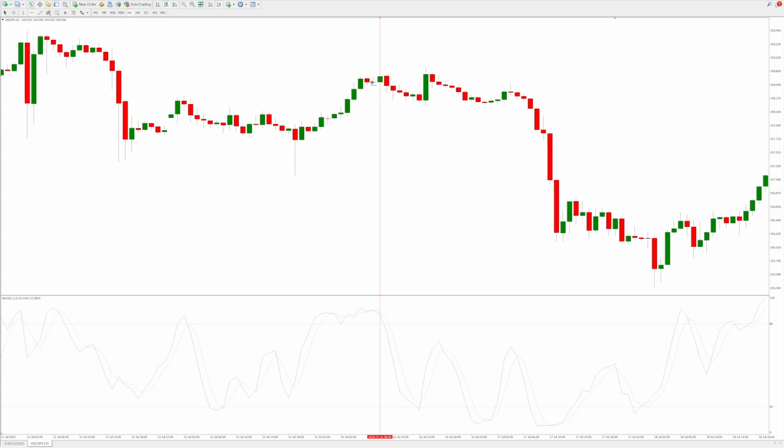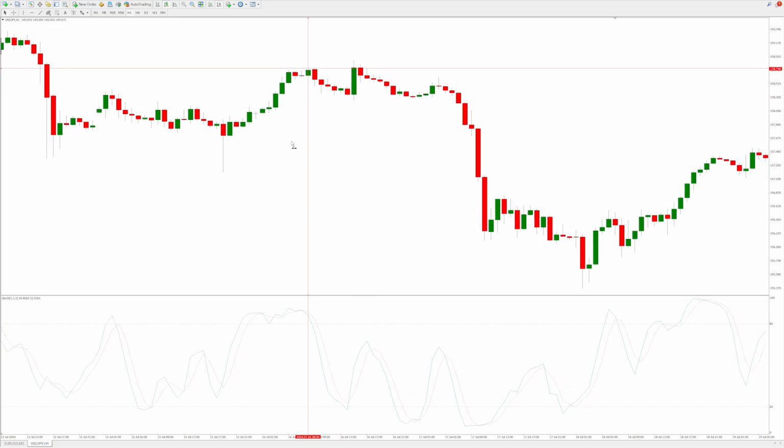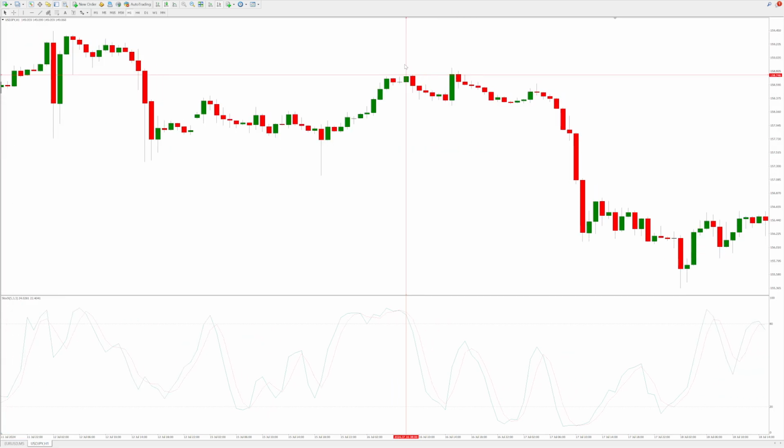It's good to always keep an eye on resistance and support to confirm entries. If, for example, you're too far away from a resistance or support level, you might not want to take the trade based on the stochastics, but when you combine it with support, resistance, price action, candlestick patterns, and so forth, you can catch some good moves.